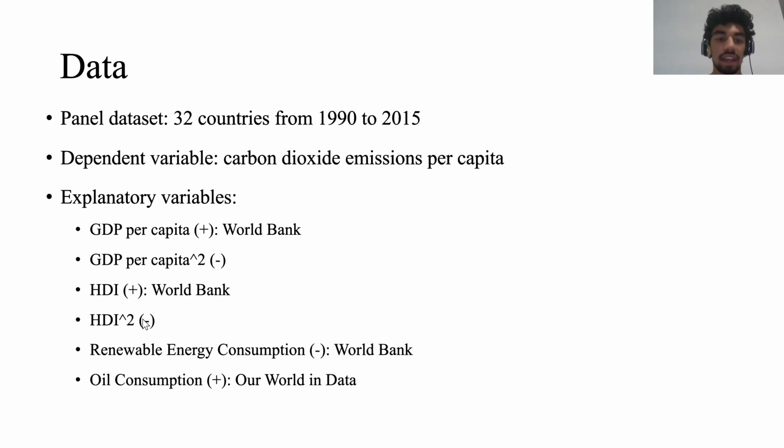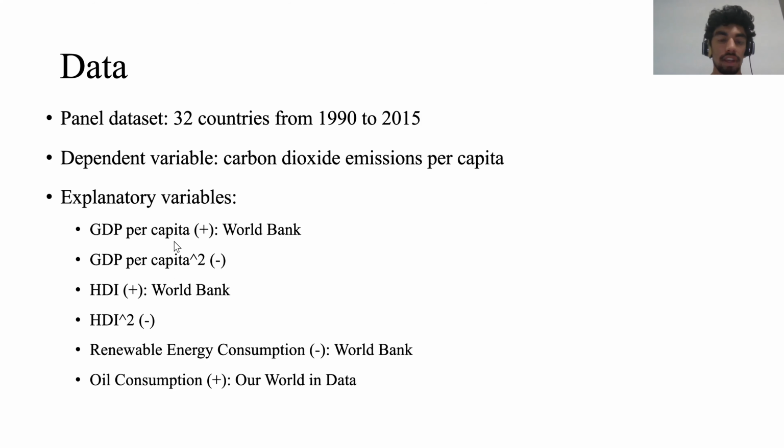The reason for the negative sign is because it is predicted that once economic development reaches a certain level, as it continues to increase, it will begin to decrease the level of carbon emissions per capita. However, before we reach that point, which is represented by GDP per capita and HDI, non-transformed, we're expecting a positive relationship, which explains the positive signs.